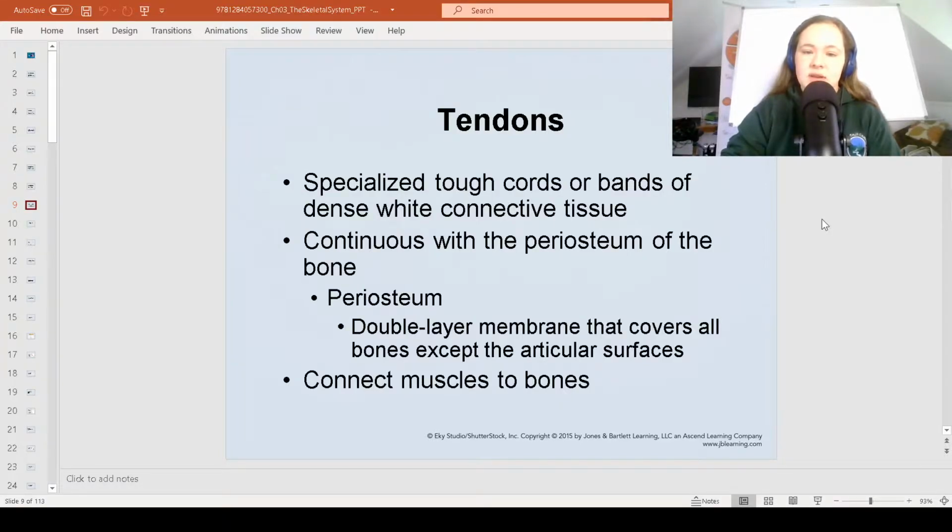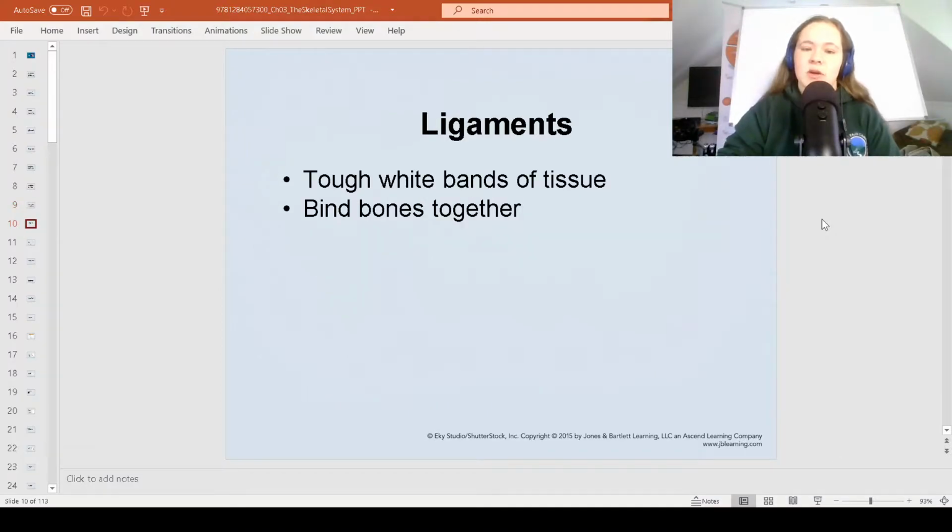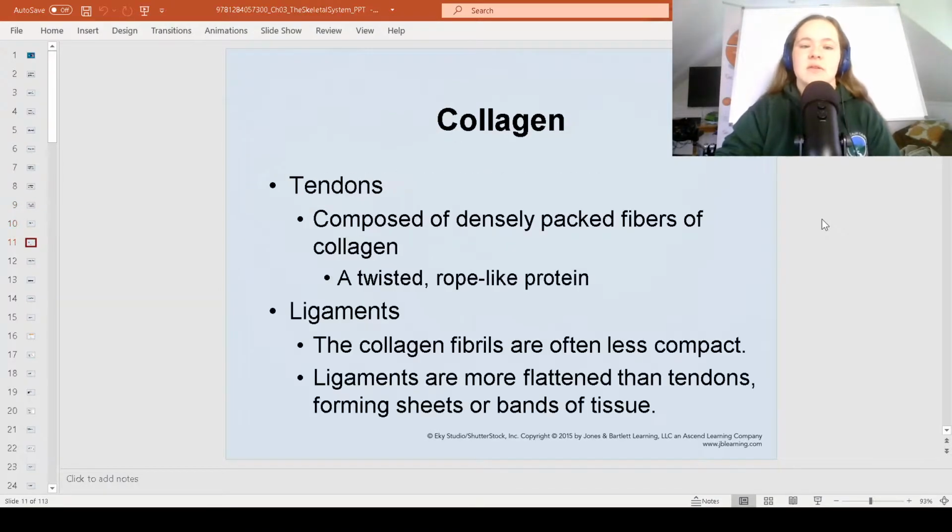Tendons are specialized tough cords or bands of dense white connective tissue, continuous with the periosteum of the bone. Periosteum is the double layer of membrane that covers all bones except the articular surfaces. This connects the muscles once again to bone. Ligaments are tough white bands of tissue, and they bind bones together.